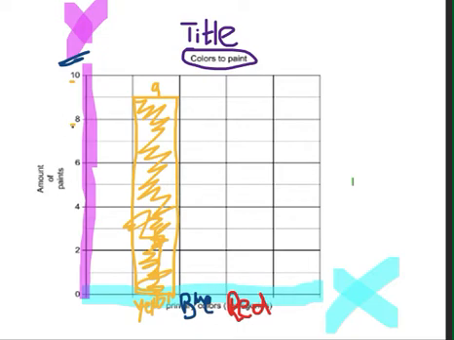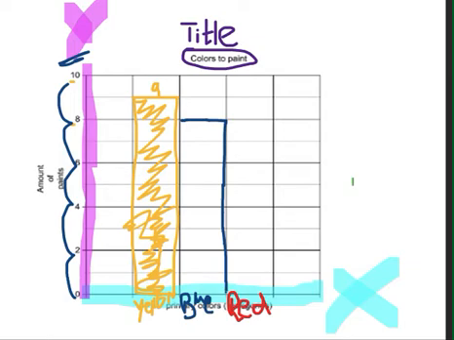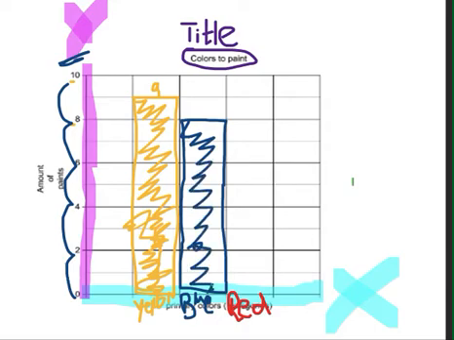I decided to skip count by 2s on my y-axis. So I had 8. I'm going to go up to the number 8 and I put a line right there. That's where I stop. And I'm going to make a bar. Cool. This is a bar graph. I'm shading it in. And this was 8.